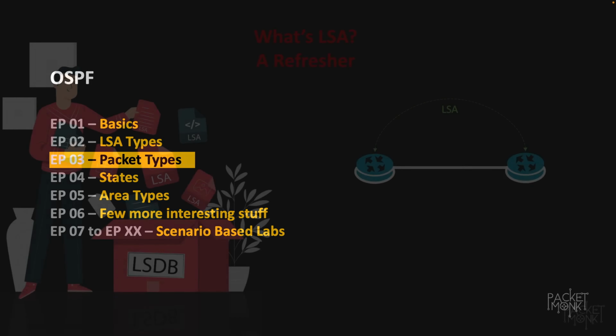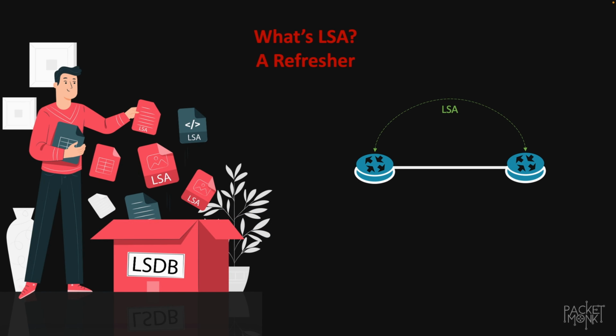Before jumping into that, let me just give you a refresher about LSA. LSA is a basic data unit in OSPF and all the routing information is present inside an LSA. And how these LSAs are being exchanged is controlled by different OSPF packets.